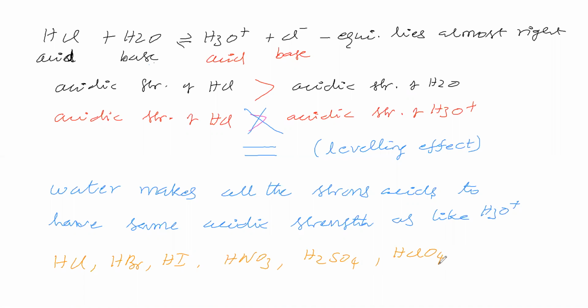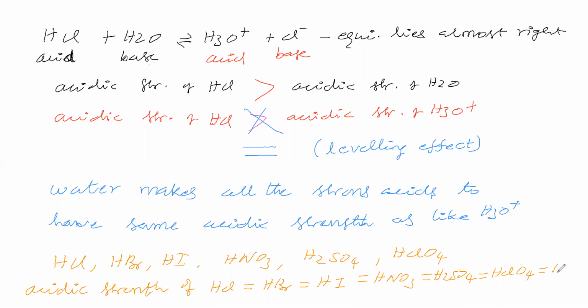Now we can say acidic strength of HCl is equal to HBr is equal to HI is equal to HNO3 equal to H2SO4 equal to HClO4 is equal to H3O plus. Why do we write like this?